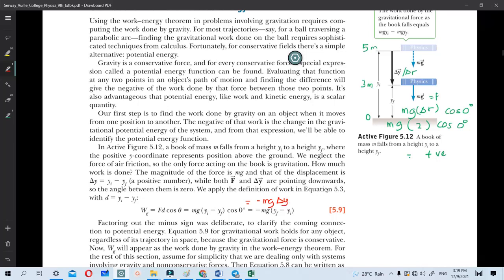Y final is 3 meter, initial is 5 meter. What do you see? They end with a positive answer, a positive times 2.